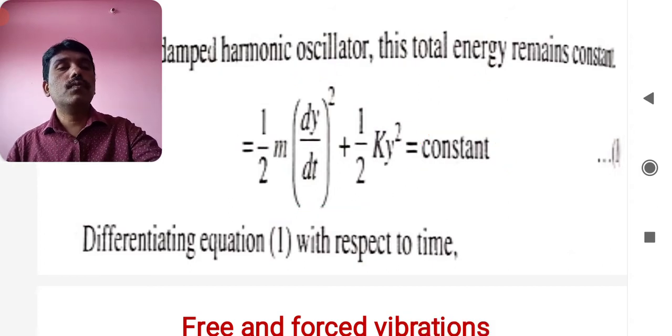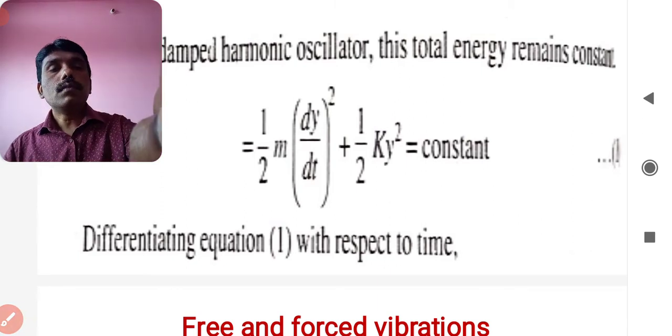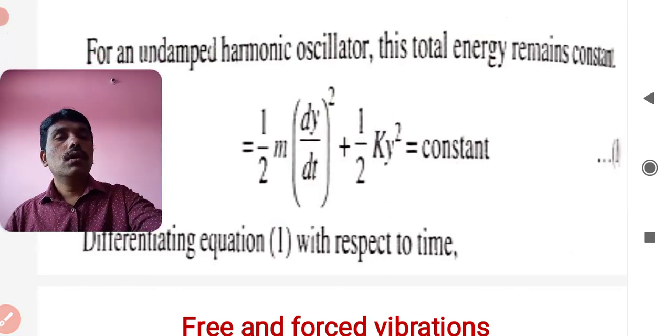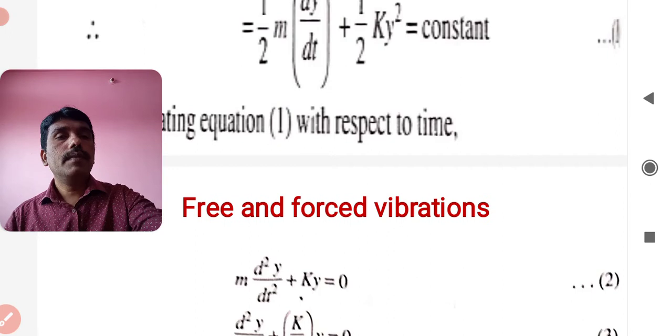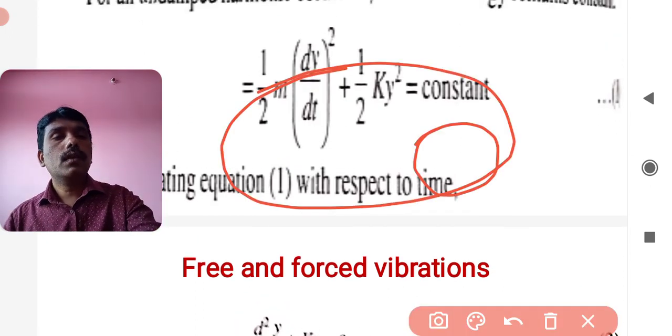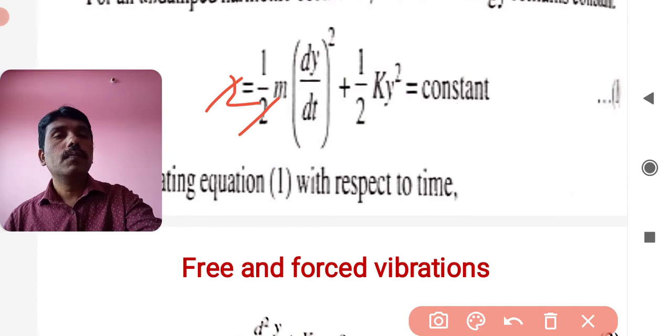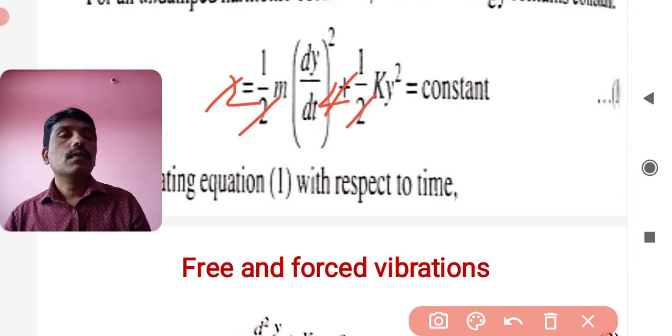And if I differentiate this with respect to t, what will the values be? If I differentiate this, it will come as 2 into half, and no doubt the 2 cancels: m into d2y by dt square, plus, with respect to t, here 2 comes again, 2 into 1 by 2, that 2 cancels, and k y, while the constant differentiates to zero.